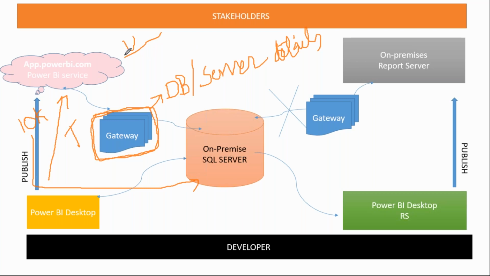Okay, now the next day the user tries to access my report. Today I placed it with 10K, tomorrow the data became 20K. When the user tries to access this report, it will hit this gateway. In this gateway, I configured my server details.